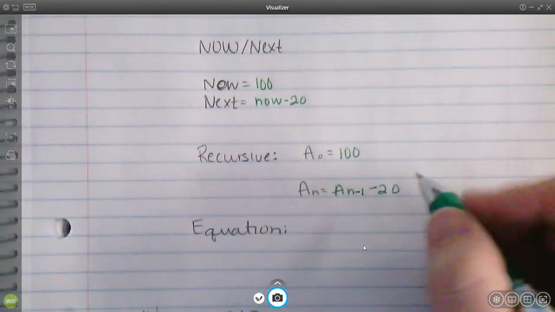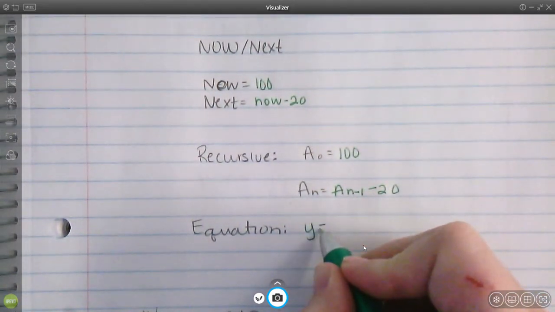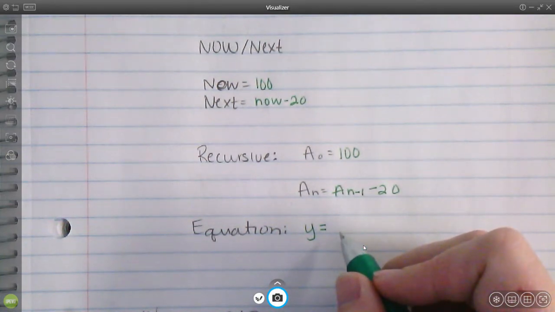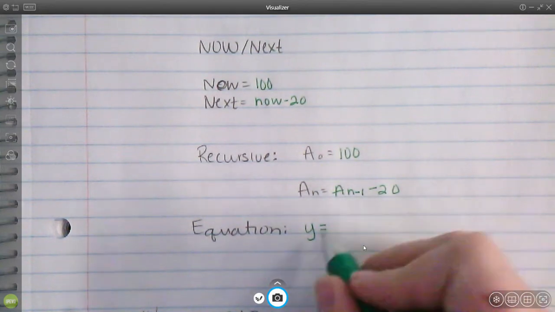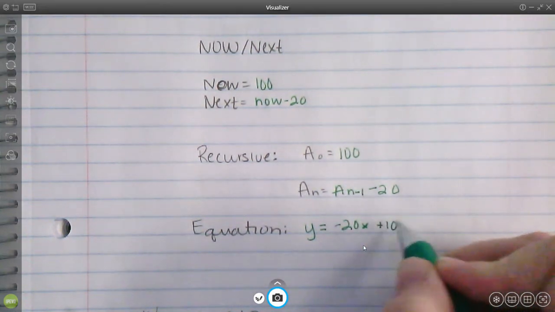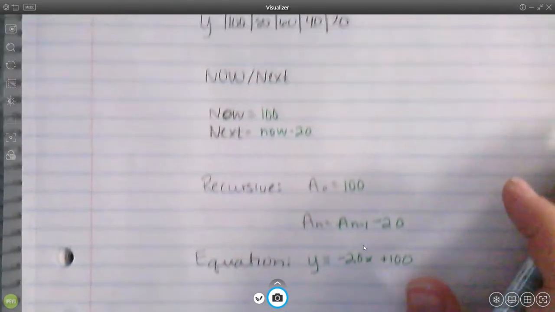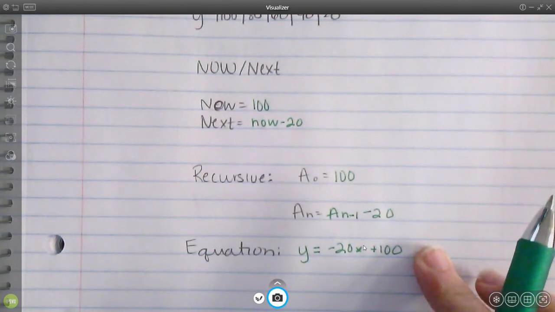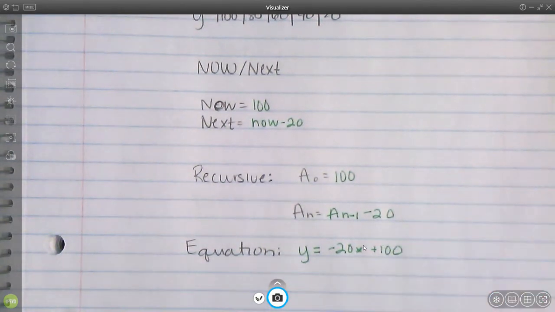And then to write the equation, it's linear, so we'll have y equals mx plus b. m is your slope, or the number you're adding or subtracting every time. So negative 20x, and then plus your initial, which was 100. So all 3 of these, now-next, recursive, and equation, are all representing the exact same thing.